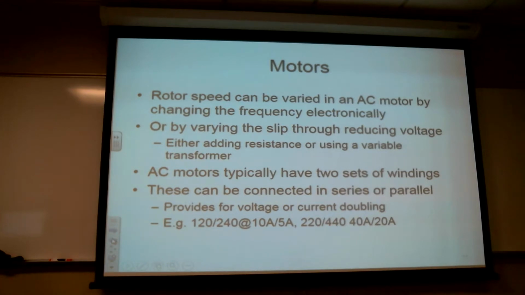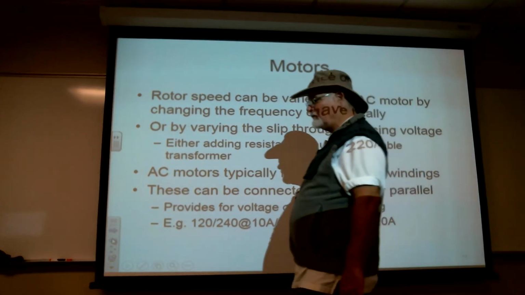So this sort of middle note there is saying the AC motors typically have two sets of windings. So there's a picture is a much better way of describing this, and I think the next slide shows that.